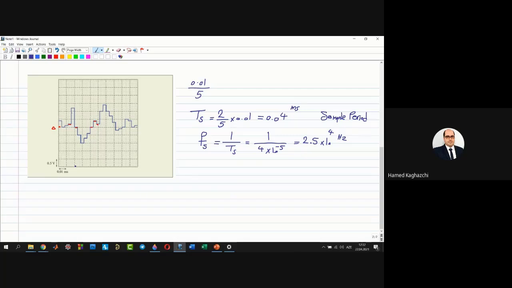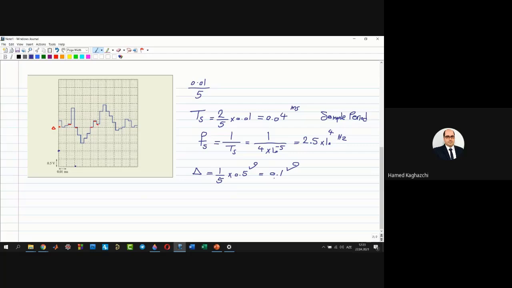Again, I can say that each small division or section is my delta, and the large division is 0.5 volt. It means that my delta is 1 divided by 5 times 0.5 volt, which is equal to 0.1 volt.